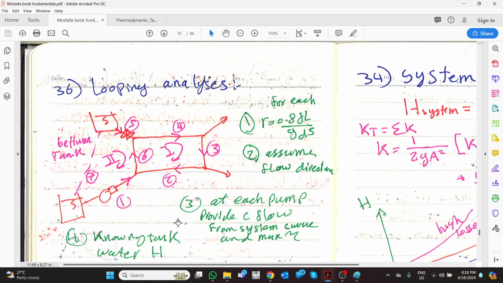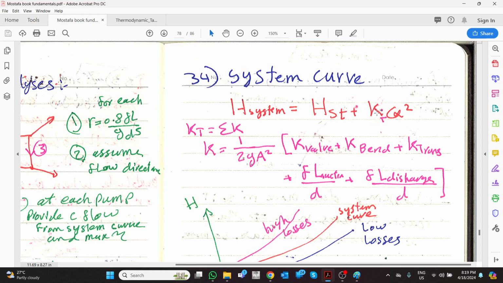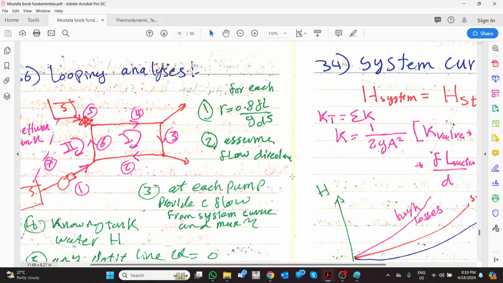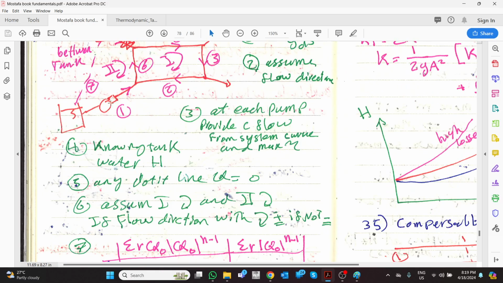After you solve all of this, you see where is the longest run with the maximum head loss. You calculate the entire pressure loss. Then you calculate K, and based on the Q, whatever, you don't know the Q till now, and you know the static. Then you draw the system curve. You intersect it with the pump curve for this pump.